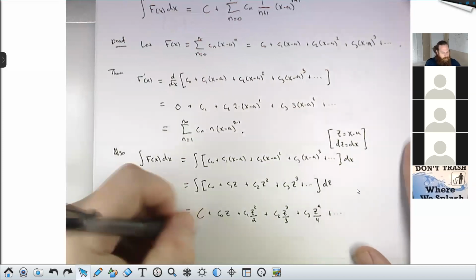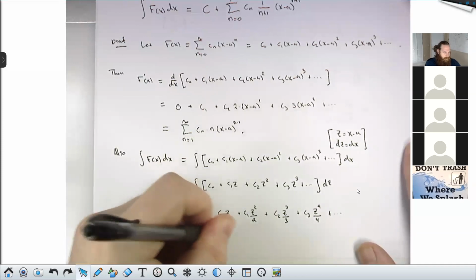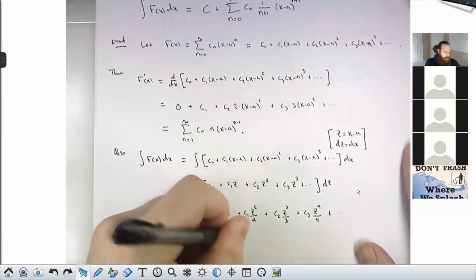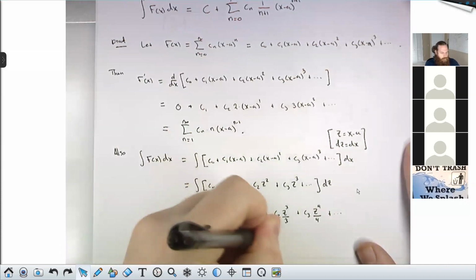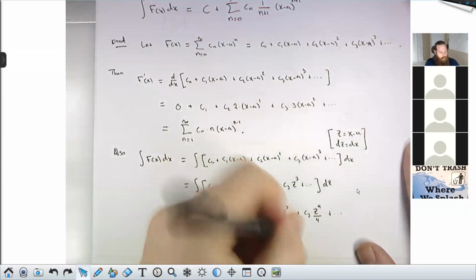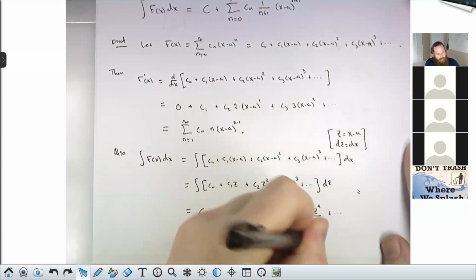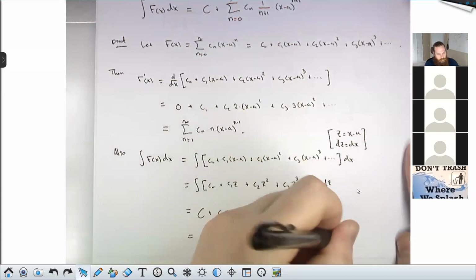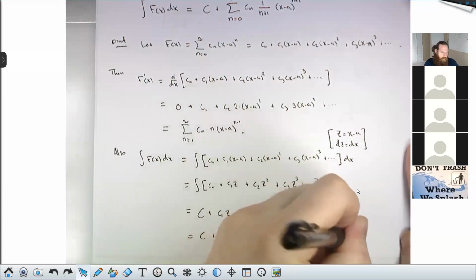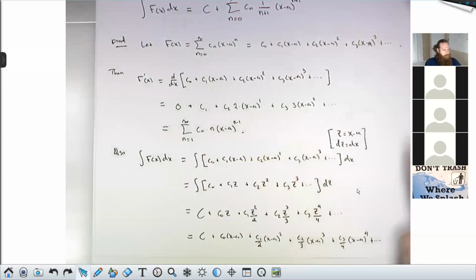Now we go back to our original variable. That's C plus C0 times (x minus a) plus C1 over 2 times (x minus a) squared plus C2 over 3 times (x minus a) cubed plus C3 over 4 times (x minus a) to the 4 and so on.